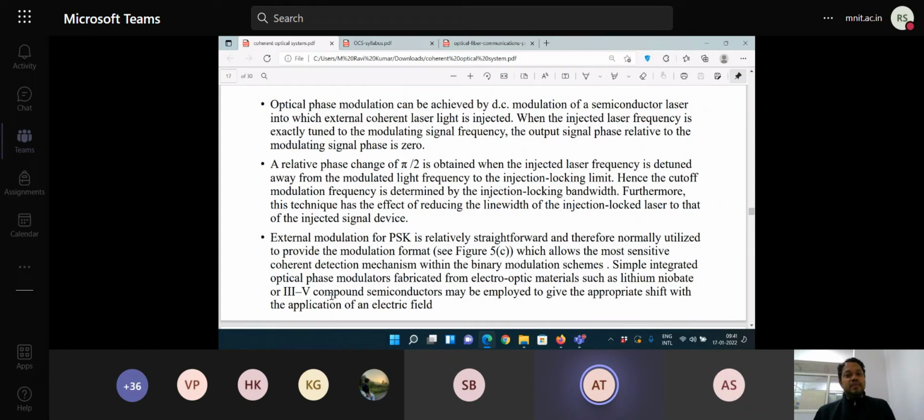So if there is perfect tuning between the modulating signal frequency and the laser frequency, then the output signal phase relative to the modulating signal phase is zero. So if there is a relative phase change of pi by 2 between the two, meaning the laser frequency and the modulated light frequency, then you have a phase shifted signal.